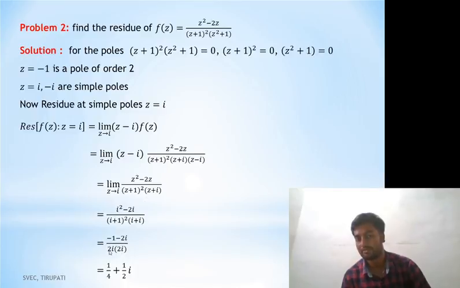So it is minus 1 minus 2i by 2i into 2i. Because in a plus b whole square, i square is minus 1, that 1 can cancel. Now 2i into 2i, i square is minus 1, so minus 4, and the minus signs get cancelled. It is 1 by 4 plus i by 2, right? So this is for i.